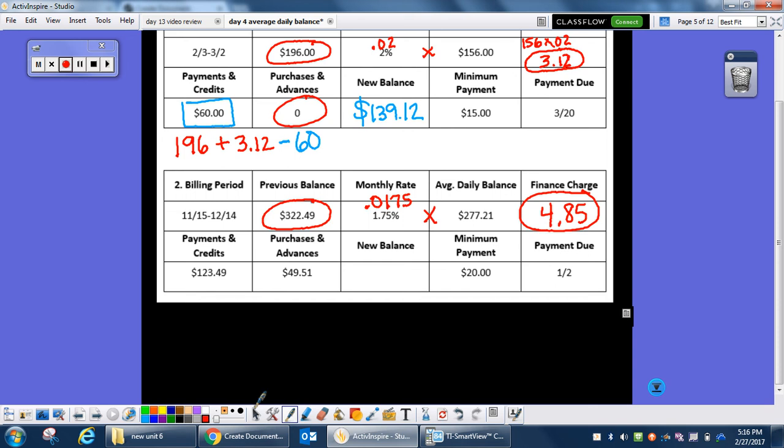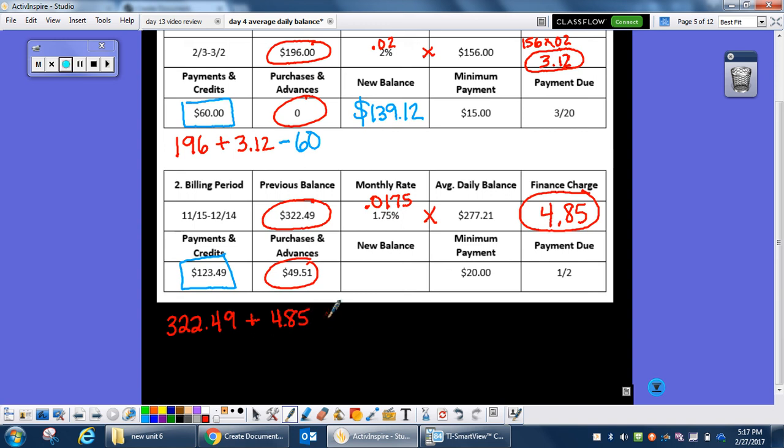We are making a payment this time of $123.49, so I would do something different with that. And then you are also making new purchases. So here we go, it's going to be previous balance. If you haven't caught on, that comes up a lot. So $322.49 plus our finance charge, because we have to pay that.